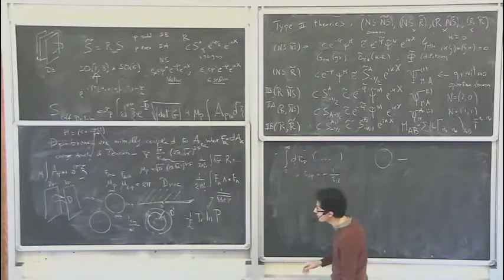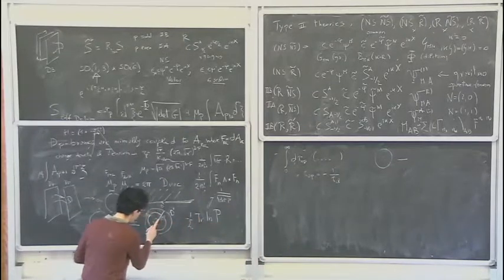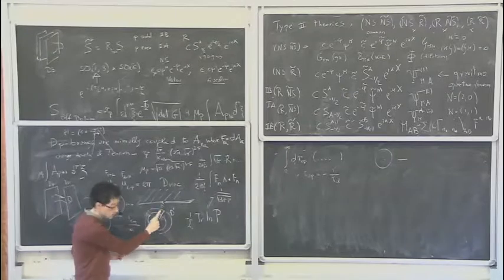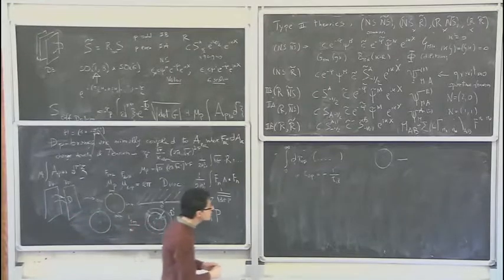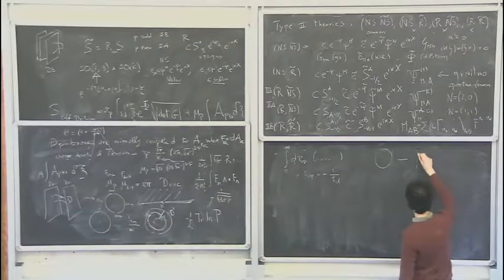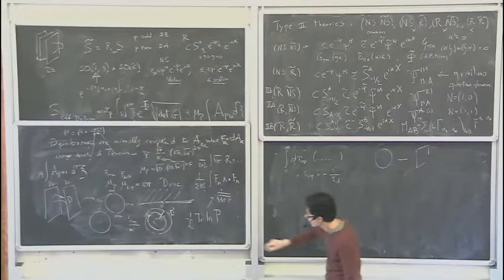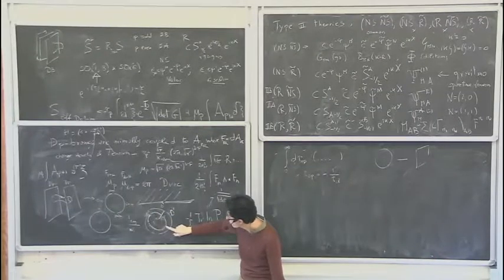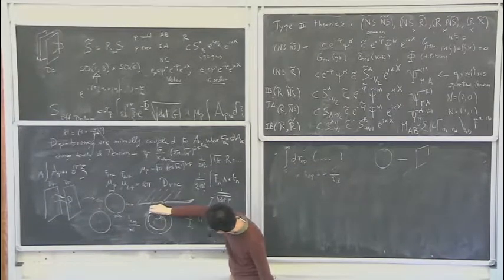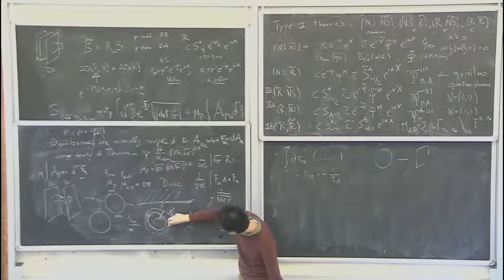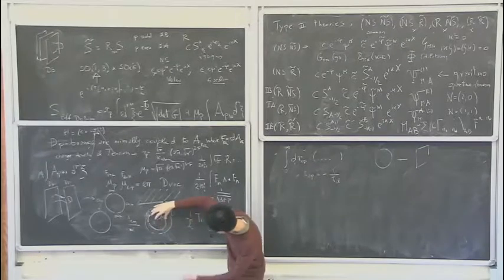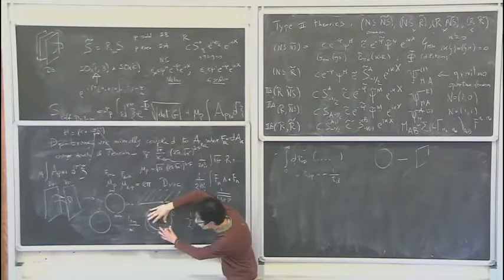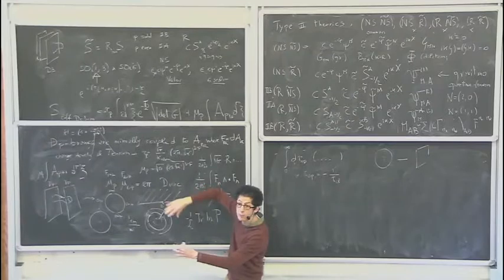So I'm now thinking about this direction as time and this direction as space. So I'm thinking about a closed string, because this direction is space and you see it's closed. This is the space direction at another time, still closed. So I see this picture as a closed string starting from this boundary and propagating up to the other boundary.